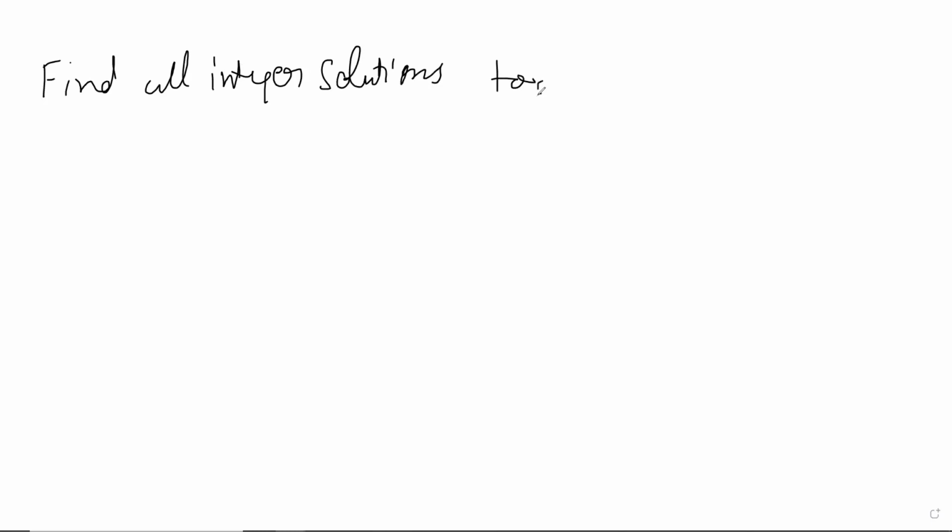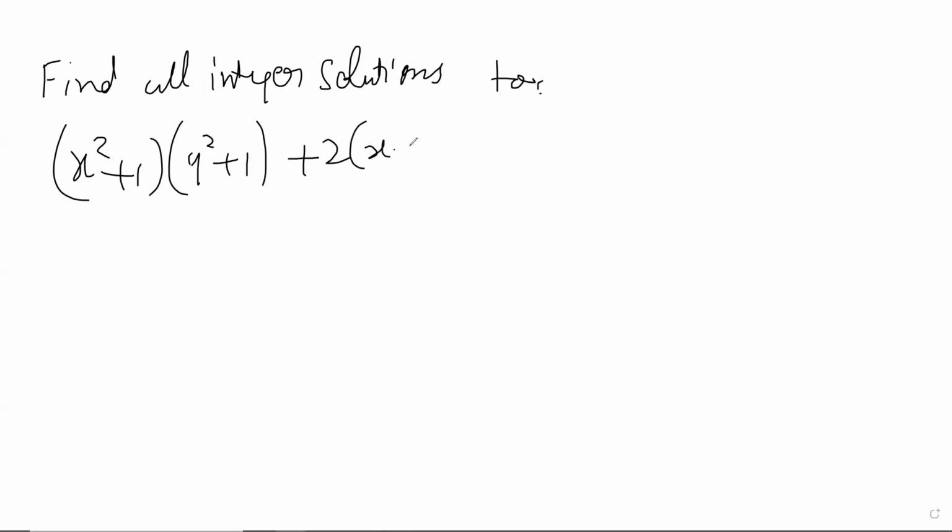Find all integer solutions to this: x square plus 1, x plus 1, plus 2x minus y, 1 minus xy, 4, 1 plus xy. Okay, this is one question.